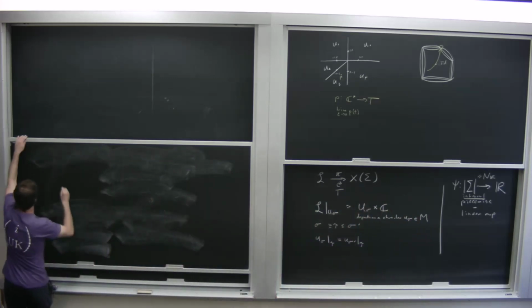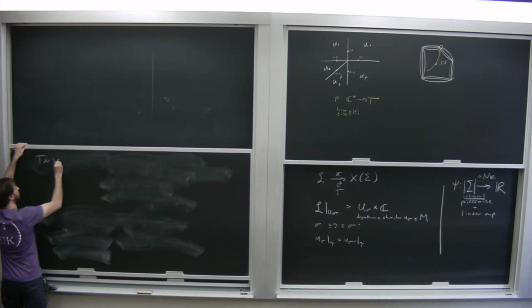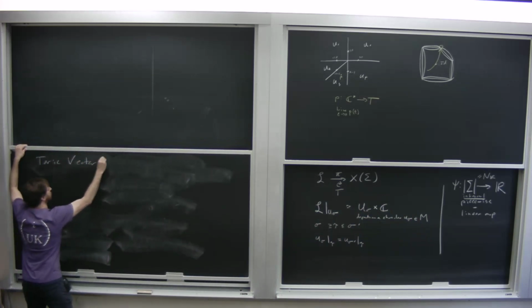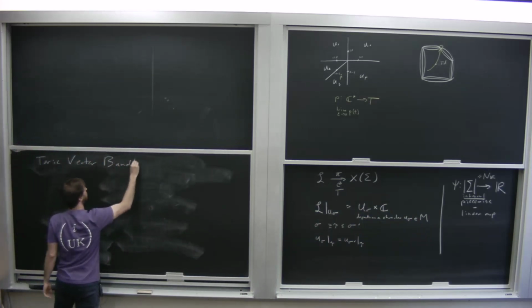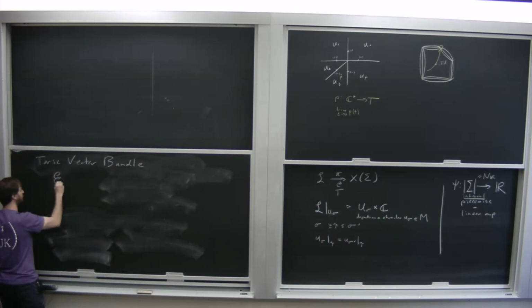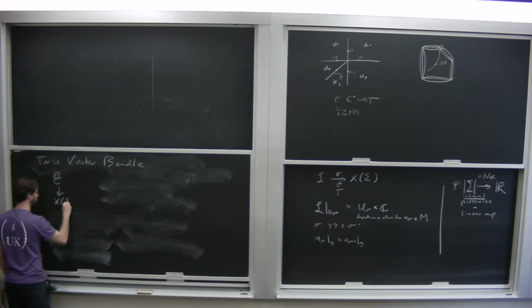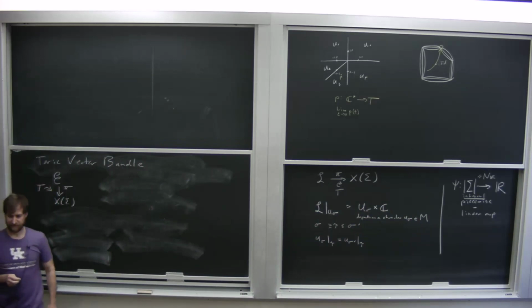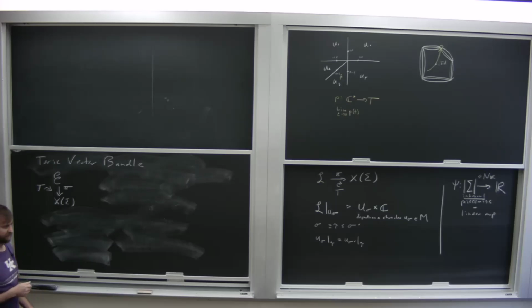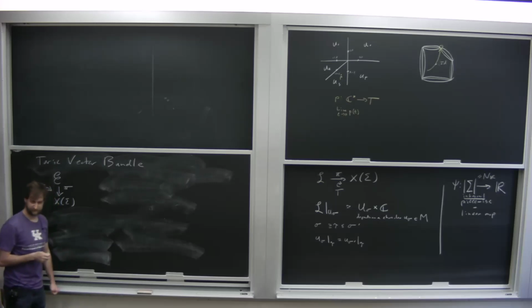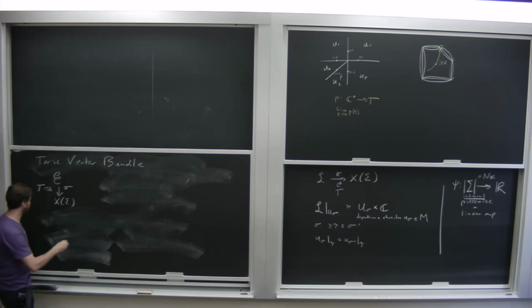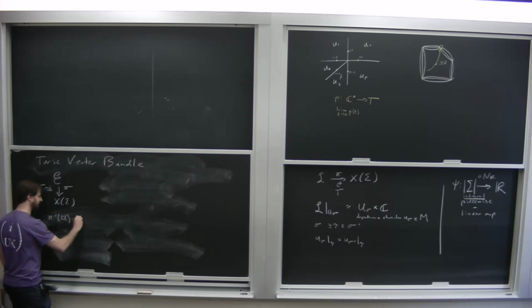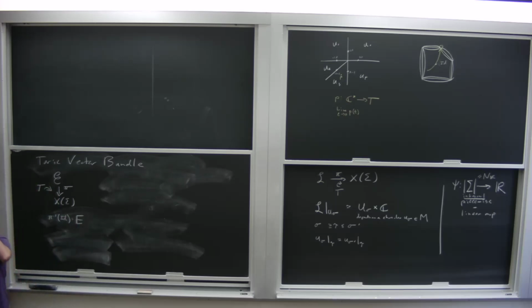So a toric vector bundle is a vector bundle over our toric variety equipped with a linear lift of the action of the big torus. I'm going to let the inverse image of our special point, that's a very special vector space, we're going to call it E. All right.